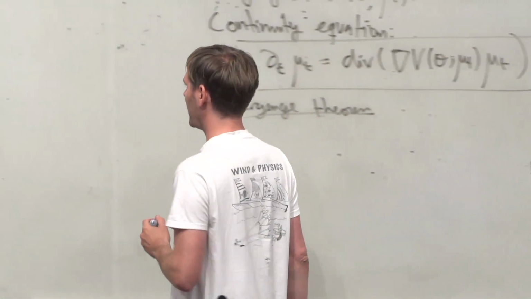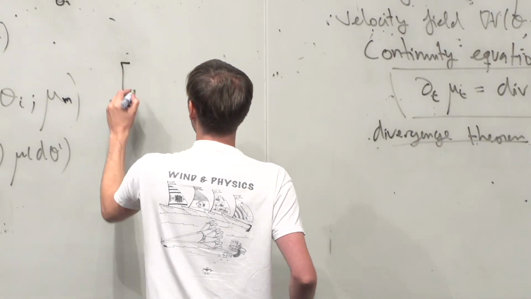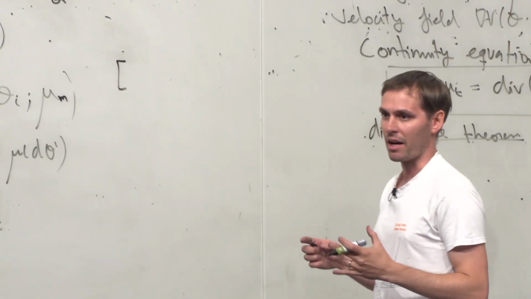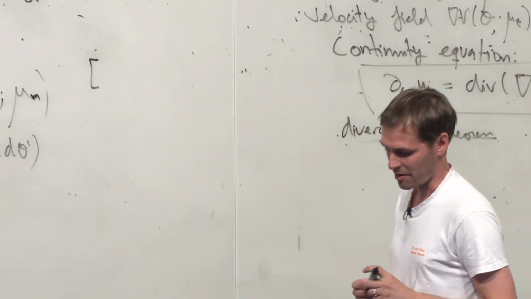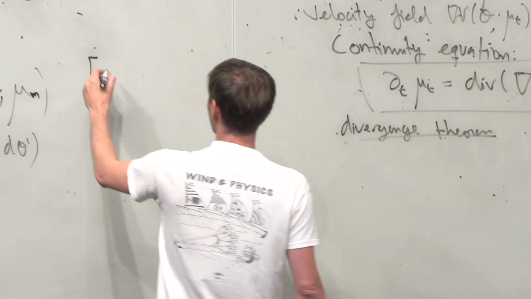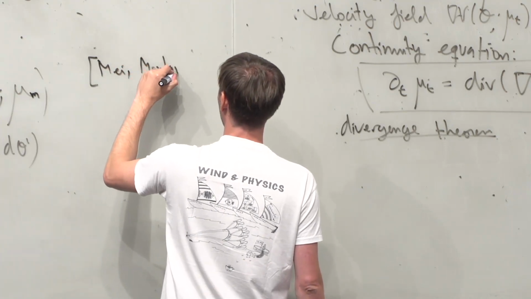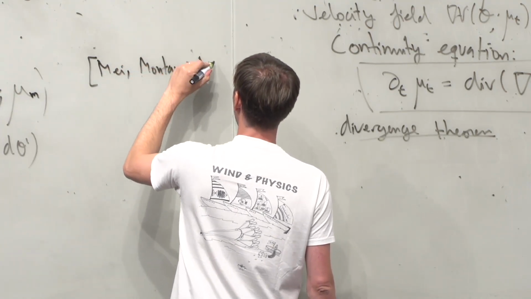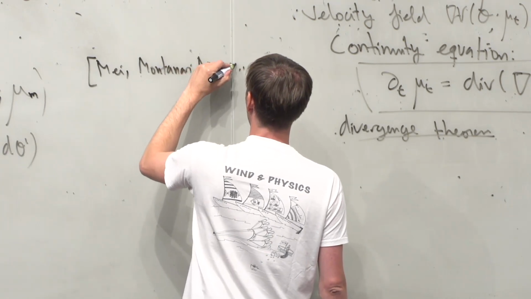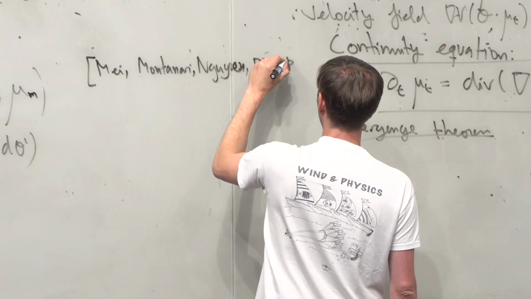And it's actually quite remarkable because there are 4 papers that basically came up with the same model at the same time, within a couple of months difference. So the papers are, there's one by Song Mei, Montanari, and Nguyen, this is in PNAS 18.